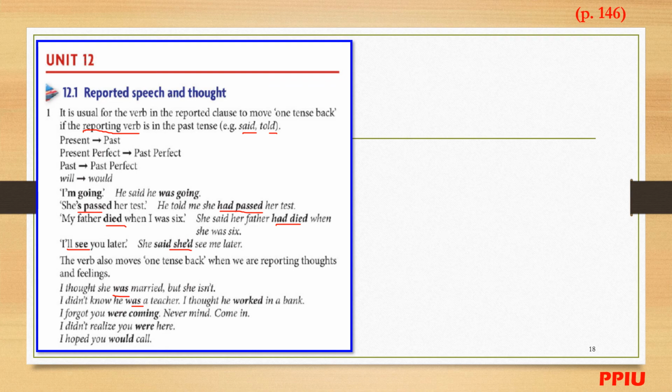I thought he worked in a bank, work in past, right? I forgot you were coming. Never mind, come in, all right. I didn't realize you were here. I hoped you would call. In short, when used with thought and feel, it is one tense back, and it must be used with past. We talk about the present, so we change to past simple or past continuous in here.